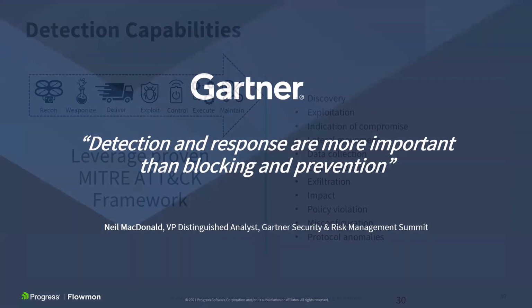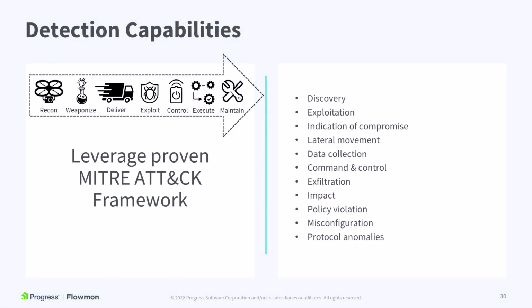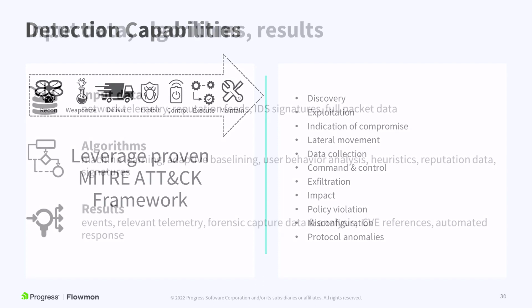It's who we are. As noted previously, Flowmon has a broad set of methods and algorithms that categorically and empirically map an attacker's threat steps in a network directly to the proven MITRE ATT&CK framework. Flowmon knows what they're doing and how they are doing it.